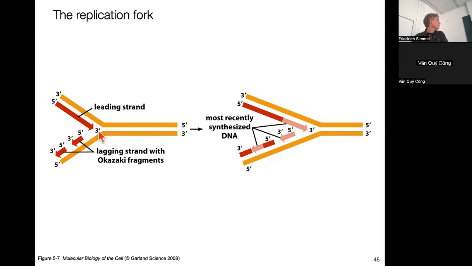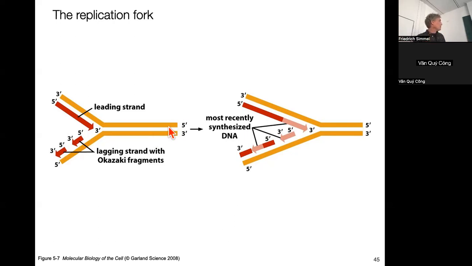Obviously, this works well on this strand, which is called the leading strand, and it doesn't work well on the other strand, because the enzyme always has to start somewhere, maybe here, and then proceed in this direction. So if it wants to replicate a sequence further downstream, you first have to wait until the double strand is unwound, and then it can start here.